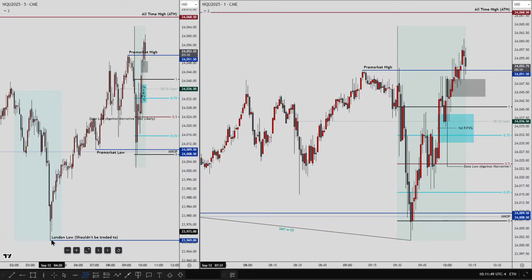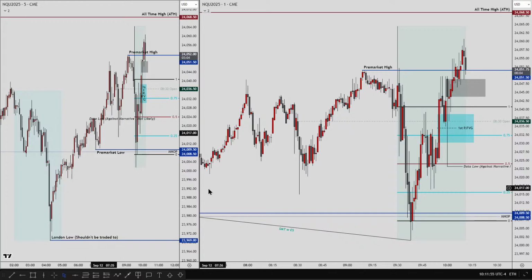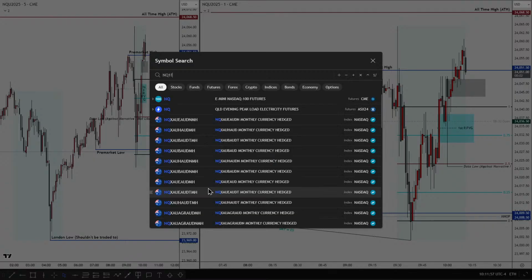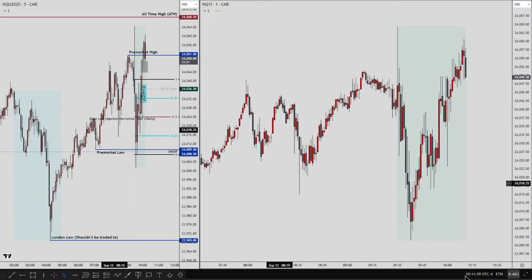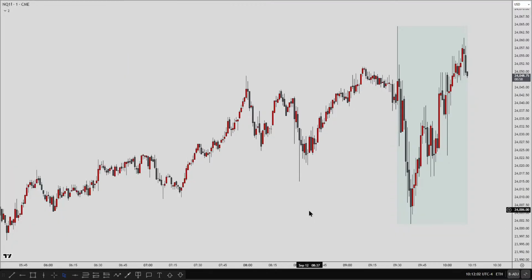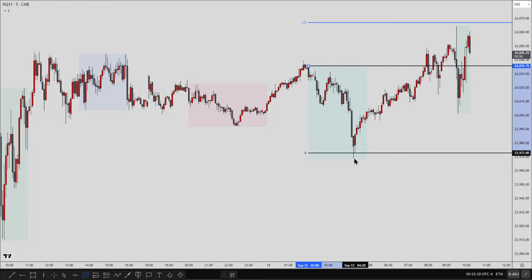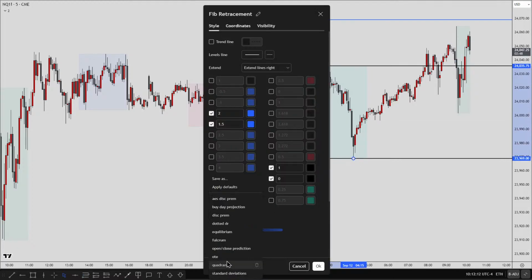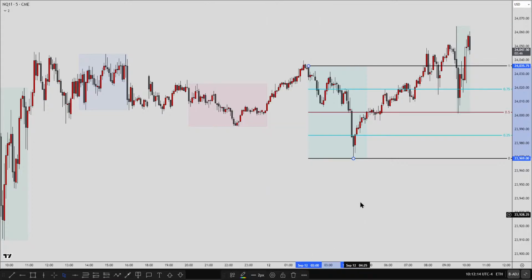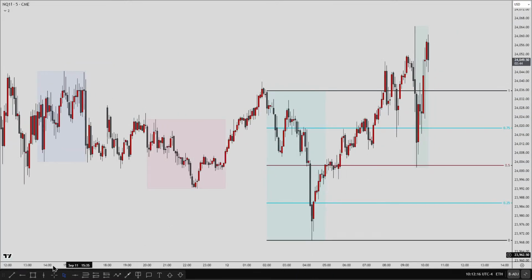Something you can try is looking at the daily range through the lens of just the kill zones. If I go to another chart, and I'm exclusively looking at the kill zones now, I'll look at things like the midpoints and the inefficiencies within them.